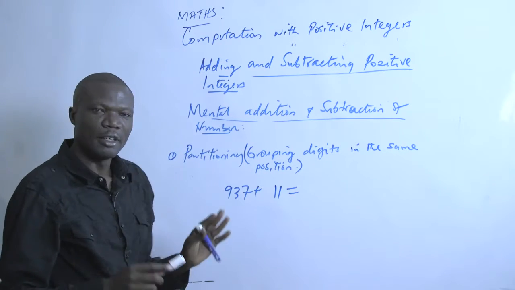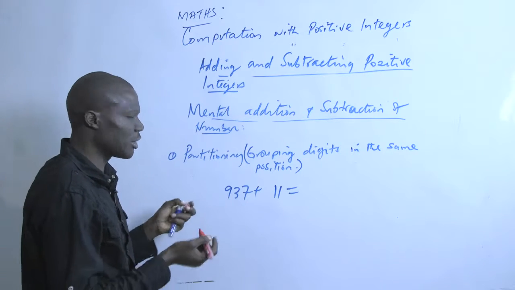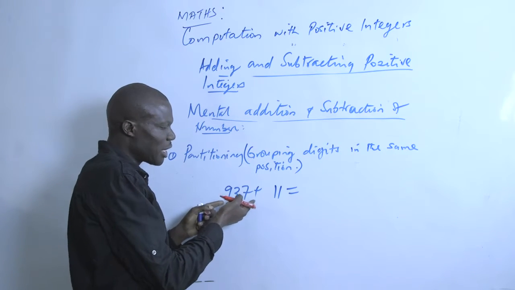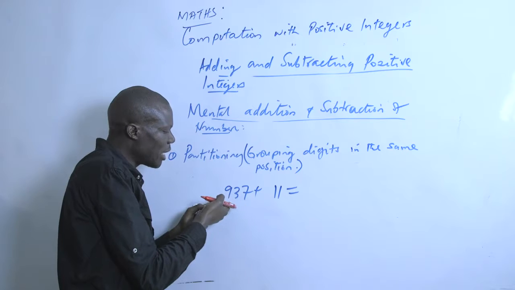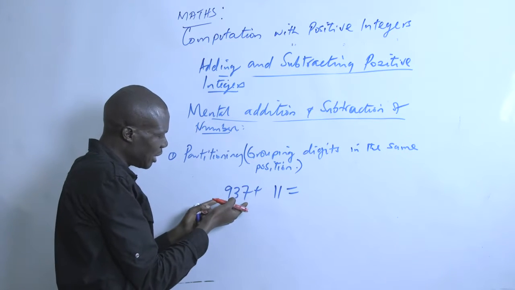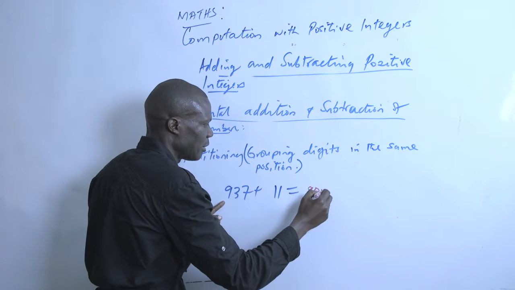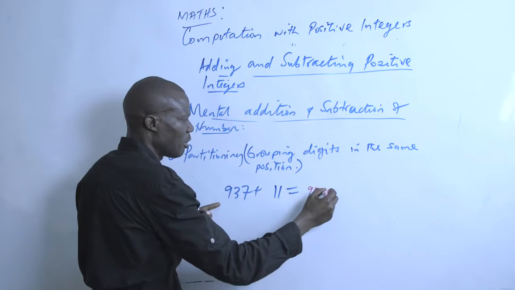Again, the solution, we are going to use grouping. So we ask ourselves, how many groups are there of 100s? 11 does not have 100, but 937 has 900. So that's the first group, plus.